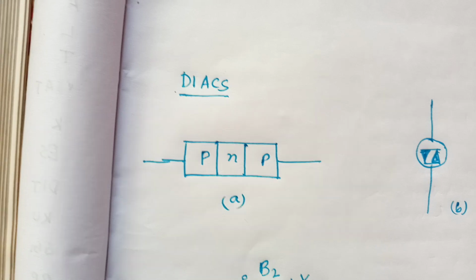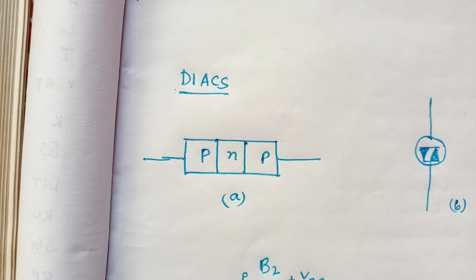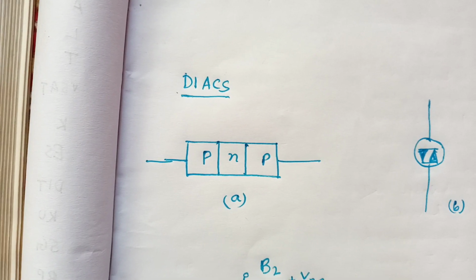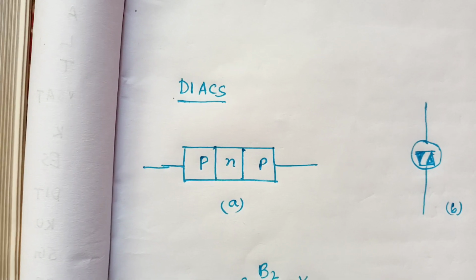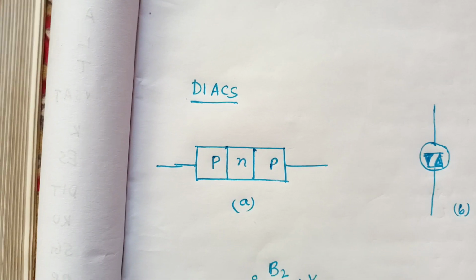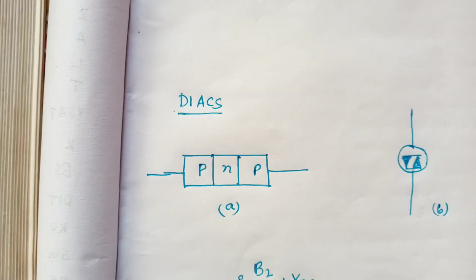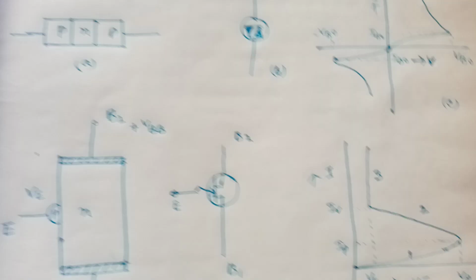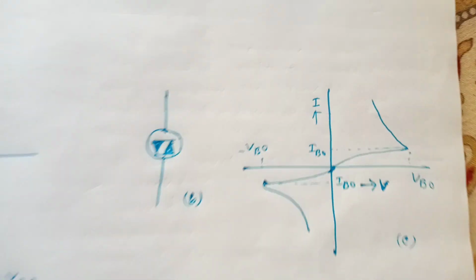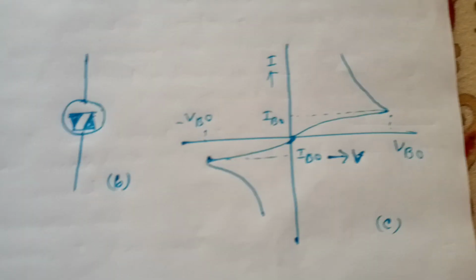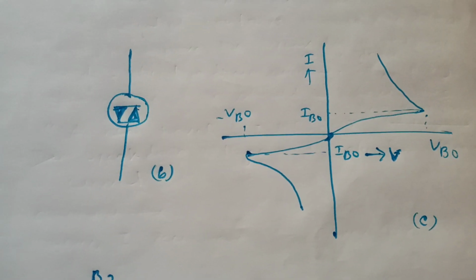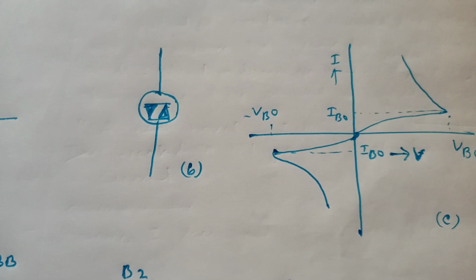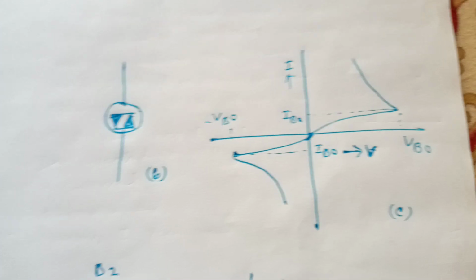The equal doping level provides the symmetry, and the bidirectional switching characteristic is almost symmetrical, which is shown in figure C. The device symbol is shown in figure B.